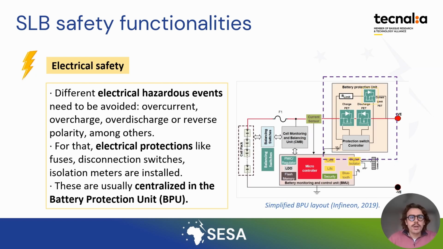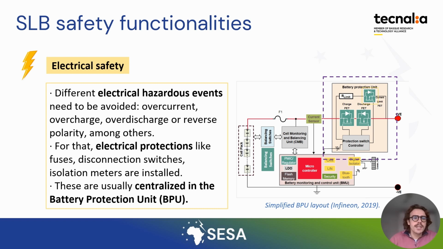Electrical safety of batteries is based on the coordination of the battery management system and all the electrical protection devices that are installed in the battery. So the main duty of this system is to prevent different electrical hazardous events like overcurrents, overcharge or overdischarge, or even reverse polarity events.